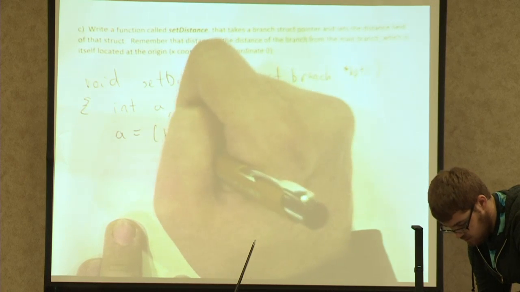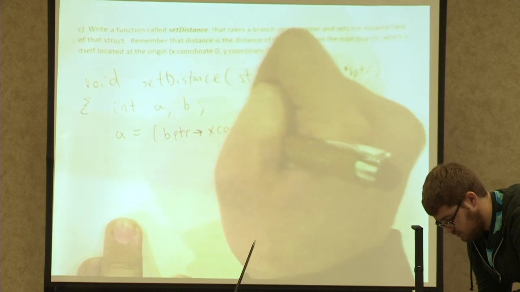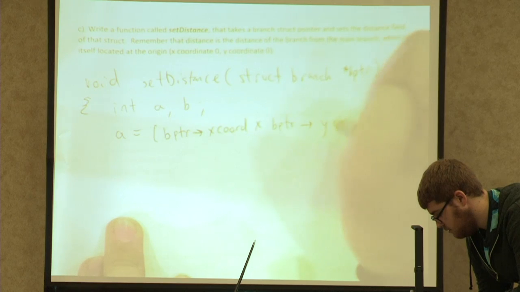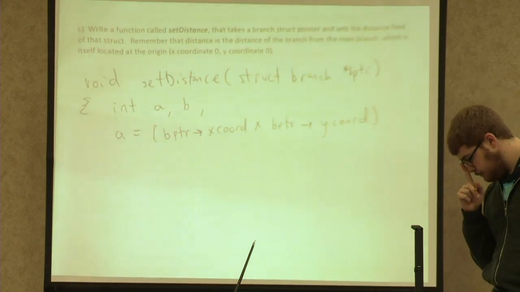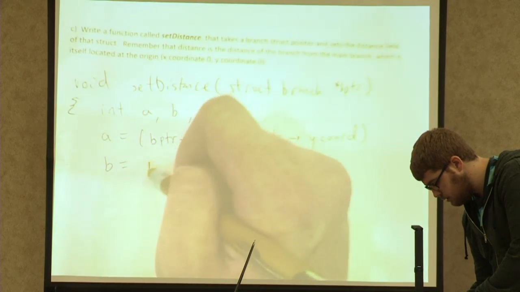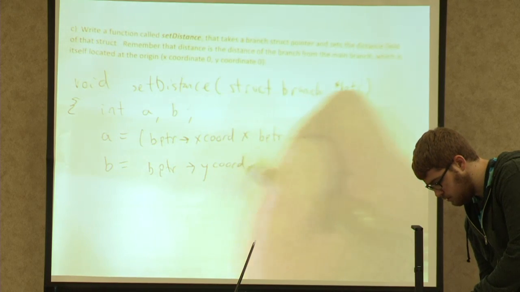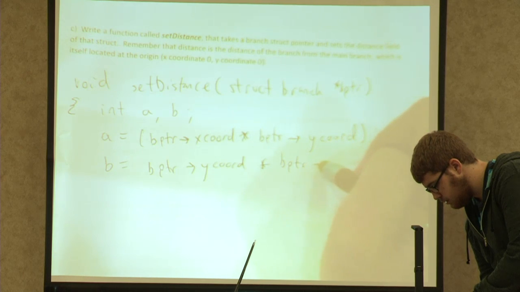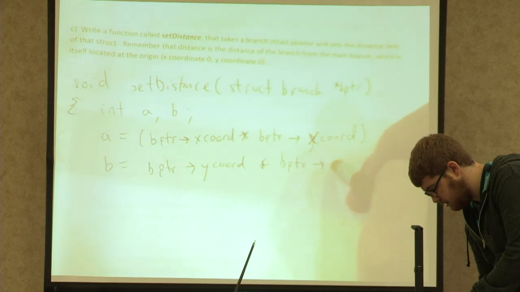That's going to be a equals b pointer x coord times b pointer x coord. And b is going to be b pointer y coord times b pointer y coord. Oh, I messed up here. This is just both x's, right? X squared and then y squared.